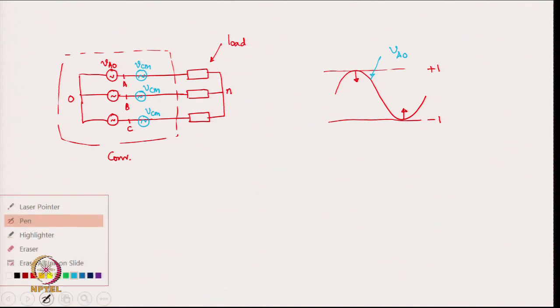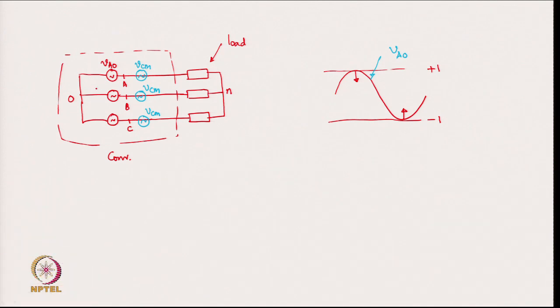Then, suppose this is VBO, the line voltage VAB will be equal to VAO plus VCM minus VBO plus VCM, and hence you can see that the common mode voltage cancels out.